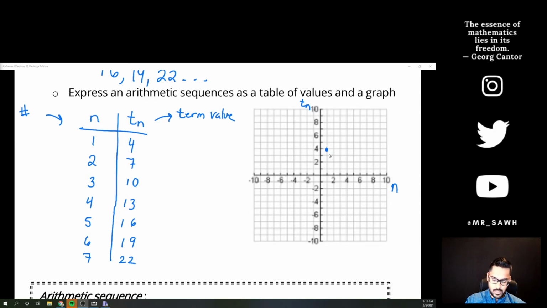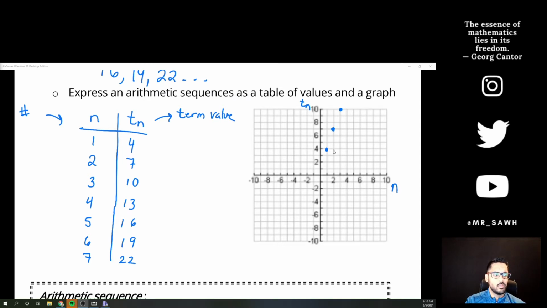We'll do a couple others. 2, 7, and 3, 10. You can see that this essentially is going to represent something that is linear. And as long as you have 2 points, you can draw the line that exists between them.